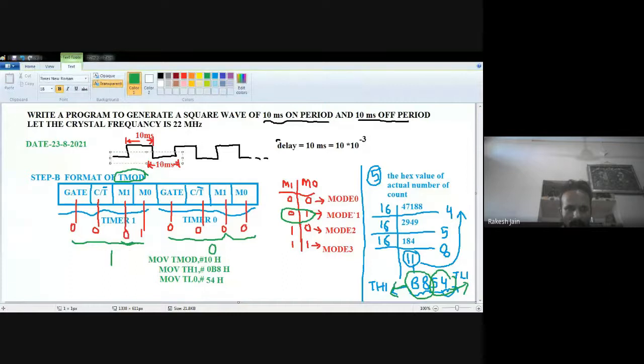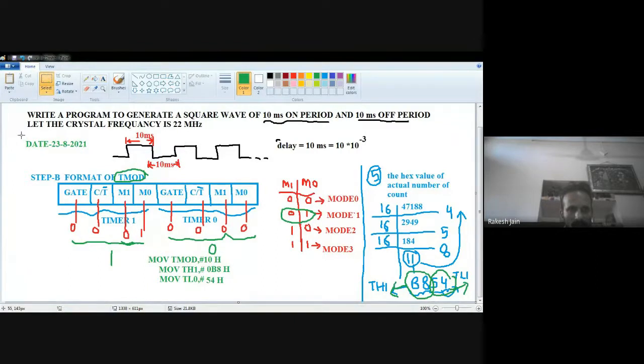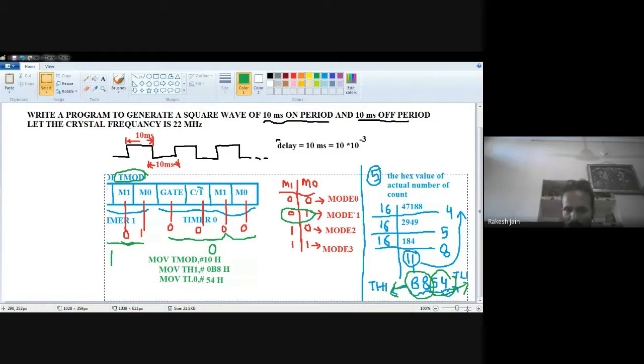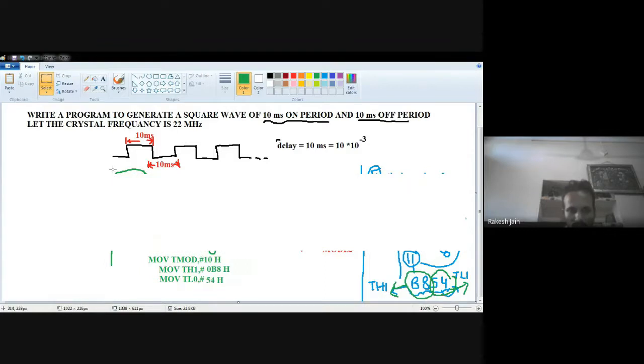Okay, very good. Now I remove these things. These three steps are the same. Now we are going to write the program for generating a square wave.